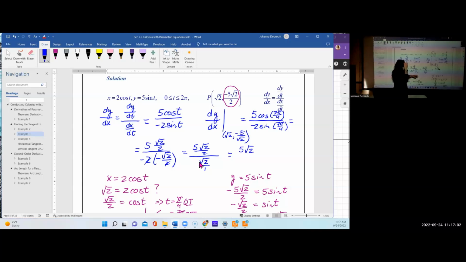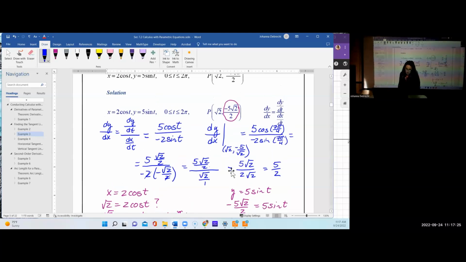And then in the denominator, it's the things that are sandwiched in between, which is going to be 2 square roots of 2. And the square roots of 2 cancel, and I get 5 halves. That's the slope of the tangent line at this ordered pair on the curve, which is the ellipse, graphed by this parametric equation from 0 to 2 pi.